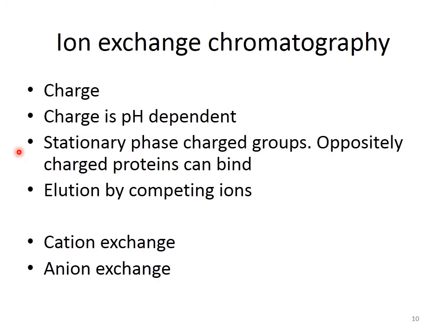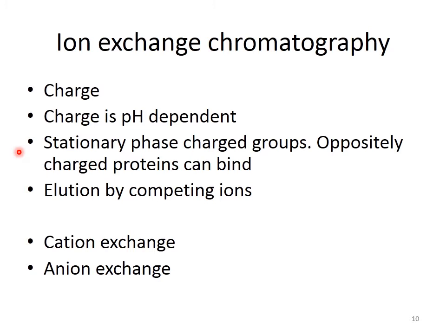Once the protein of interest is bound to the stationary phase, elution could be done by adding competing ions. Say for example, the stationary phase is positive and negatively charged proteins bind to the column. So later we can displace the bound proteins by adding more negative ions. These competing ions generally are provided by increasing the salt concentration, say sodium chloride.